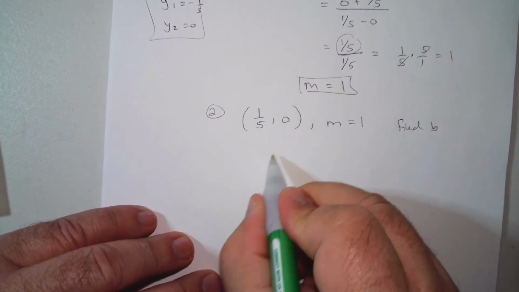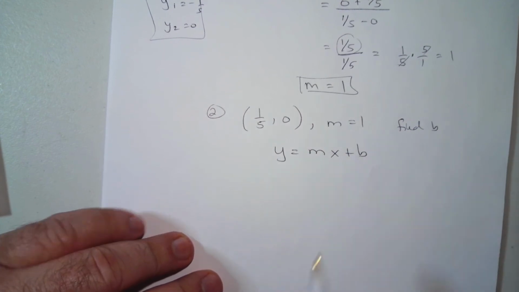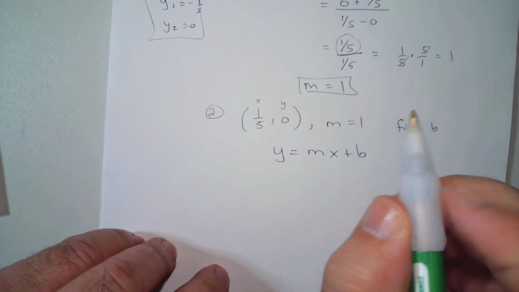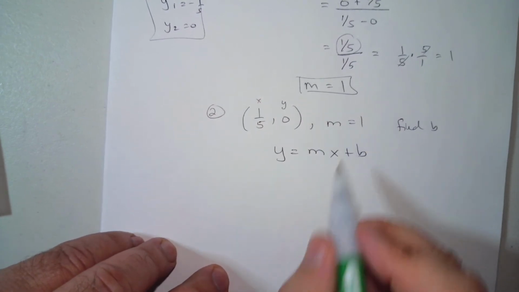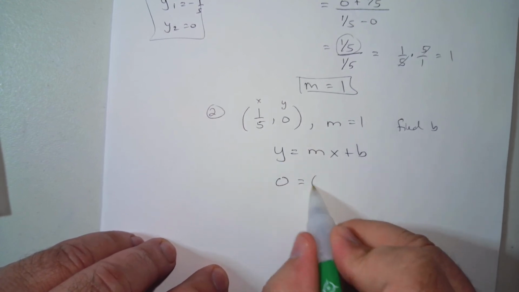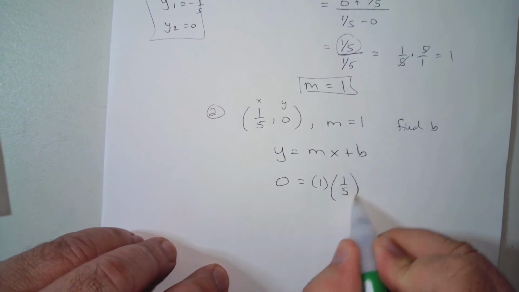I've got to find b, so I've got to plug it into y equals mx plus b, where this is x and this is y, and that's m. So y is 0, m is 1, x is 1/5.